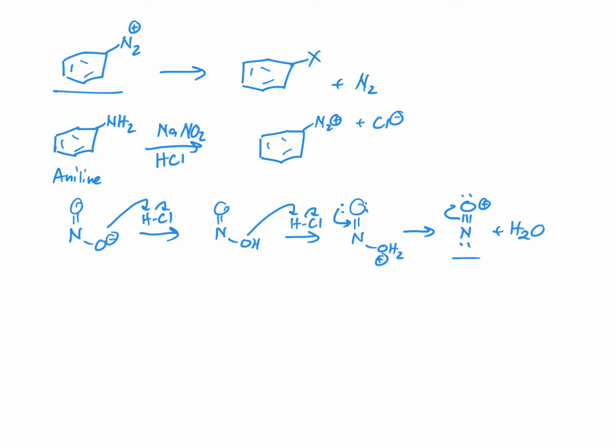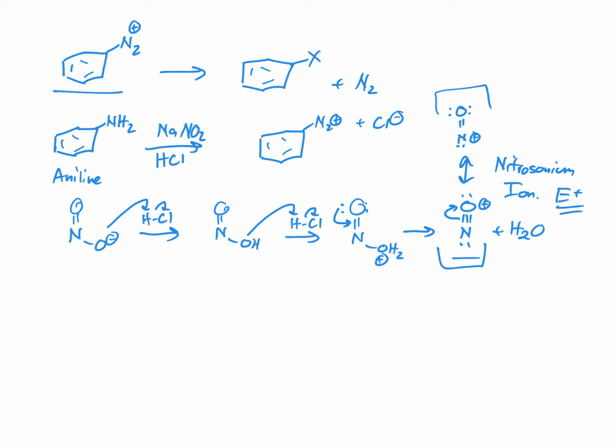We could draw arrows onto the oxygen, and I can't draw it next to it, so I'll draw it above. So there's my two resonance structures, and this is called a nitrosonium ion. And as you might guess, it is a great electrophile.